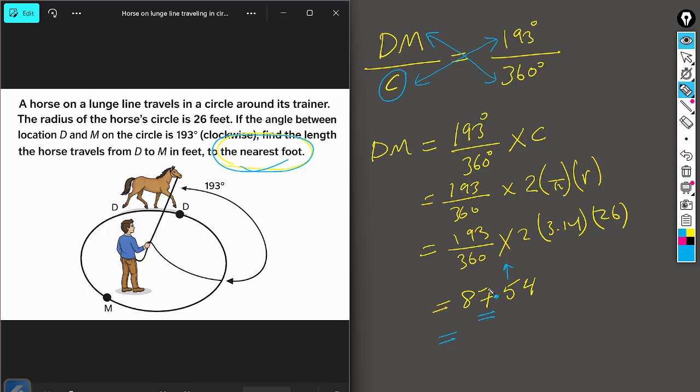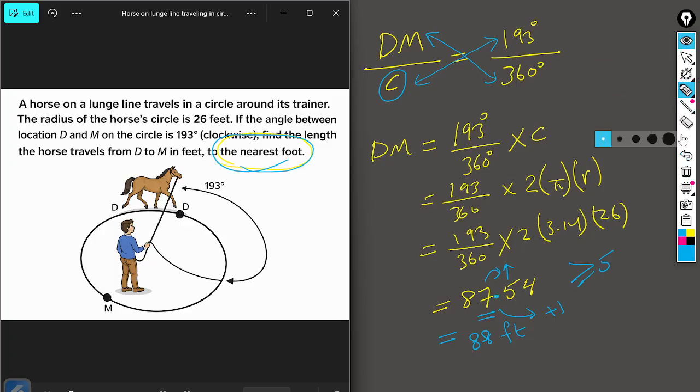Because the number after the 7 is more than or equal to 5, and here it equals 5, we need to add 1 to the 7 to make it 88 feet. So the answer is 88 feet.